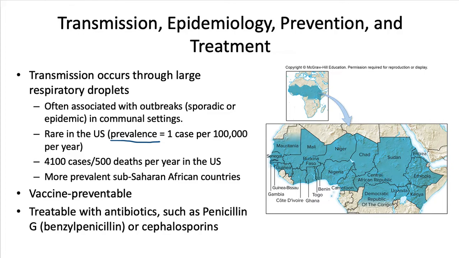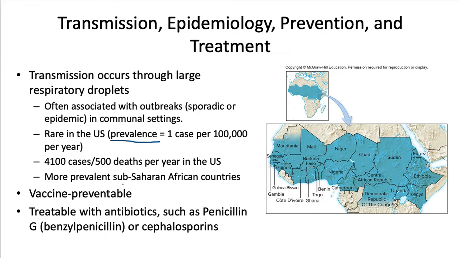The meningitis belt, where meningitis is much more prevalent, is in sub-Saharan Africa between Senegal and Ethiopia and Kenya. In these regions, the prevalence numbers are higher.